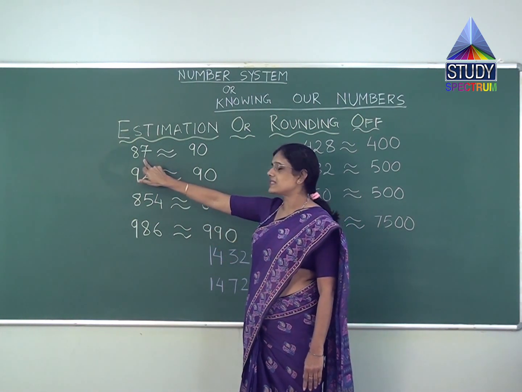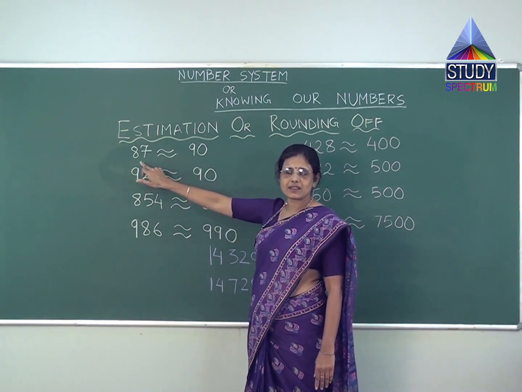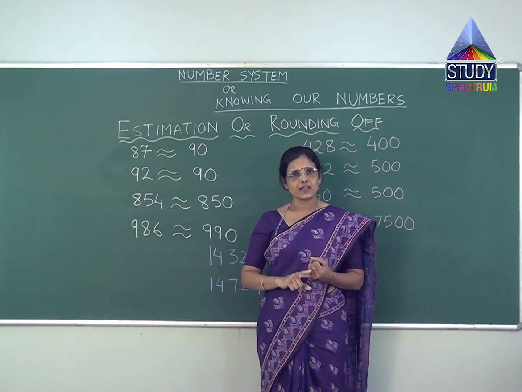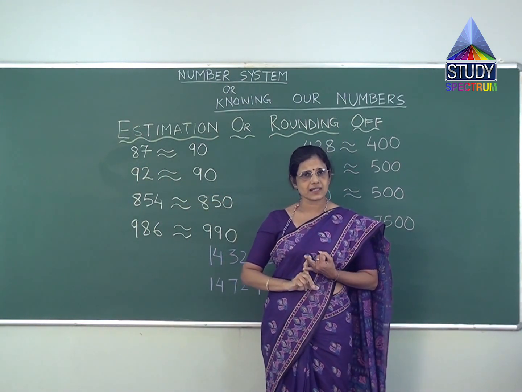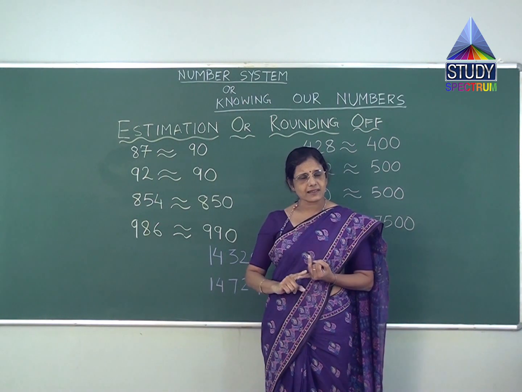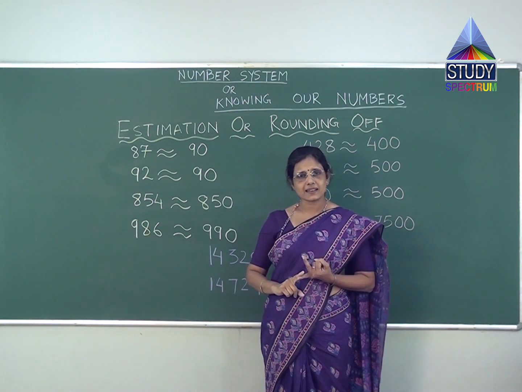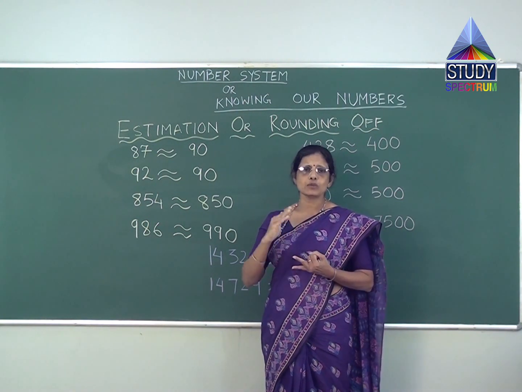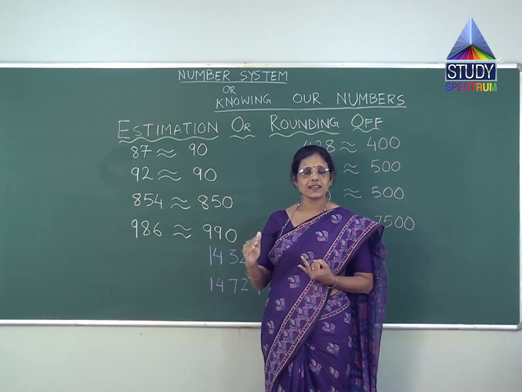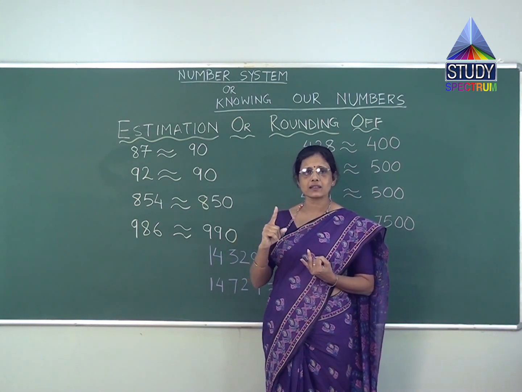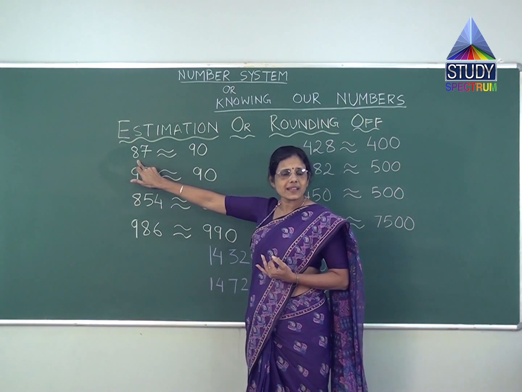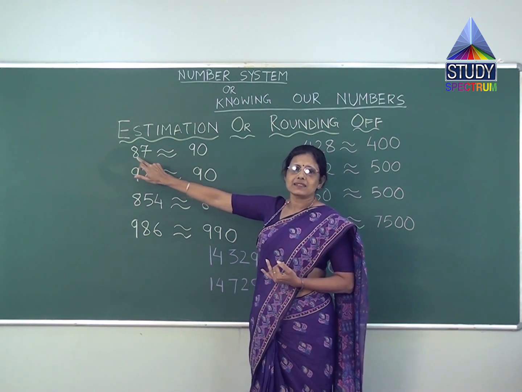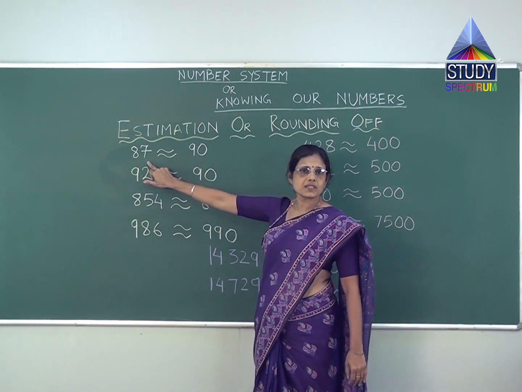Unit place, what is there? Unit place, it is 7. So if I am saying nearest tens and in the unit place there is 5 or more than 5, then you have to add 1 to the tens digit, and in the unit digit it will be 0.